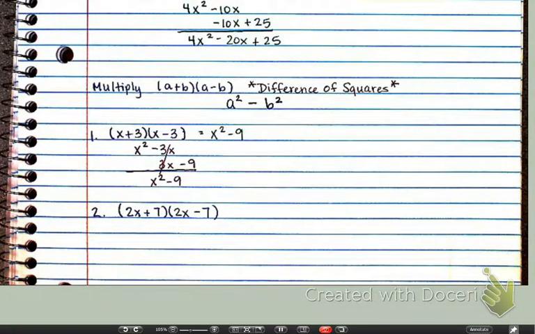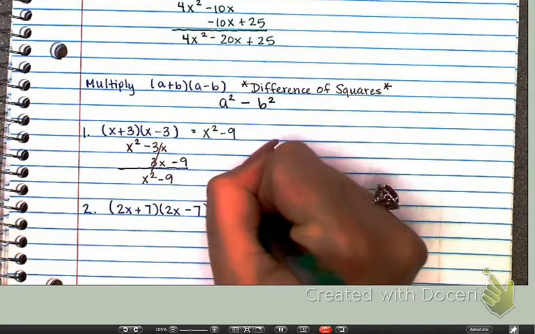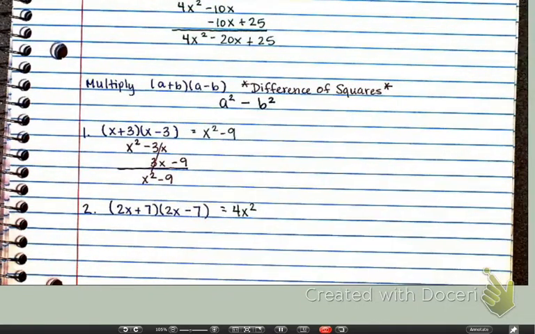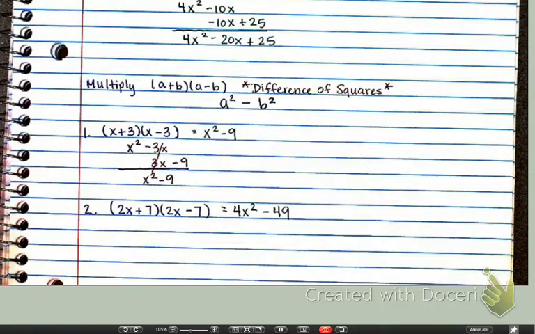And if you didn't, that's okay, because you're going to get the same answer. But because what's in both sets of parentheses is exactly the same, except one has a plus and one has a minus, I'm going to multiply my first 2 terms. So 2x times 2x is 4x squared. And I'm going to multiply my last 2 terms. 7 times negative 7 is negative 49. Because those middle terms, which would be a 14x and a negative 14x, cancel out.